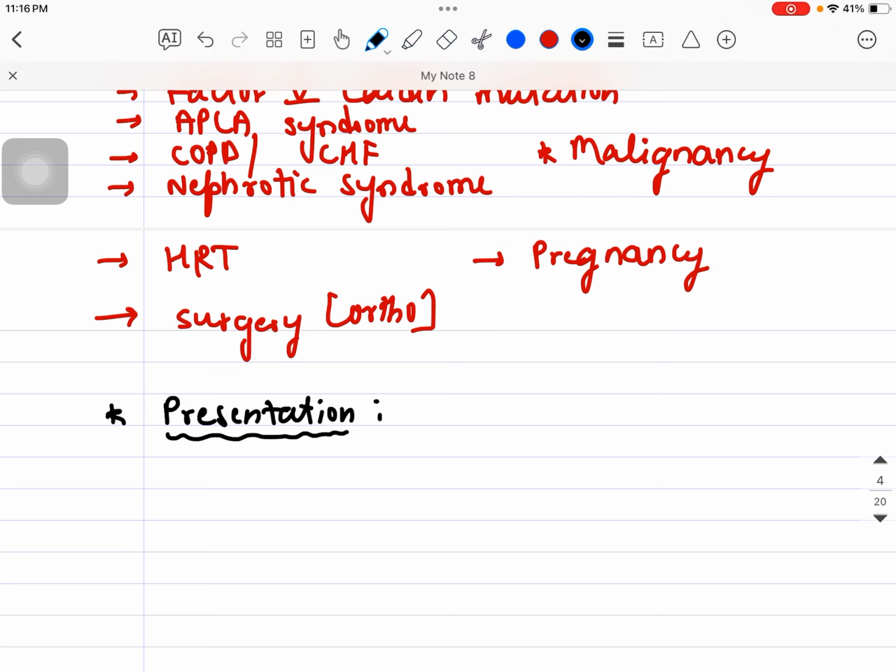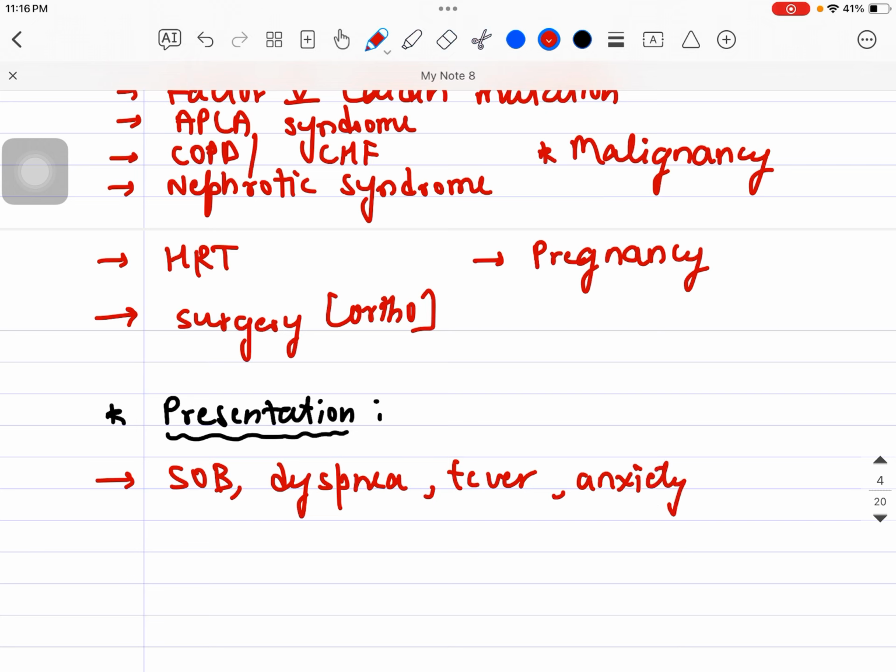Usually the patient talks about shortness of breath, dyspnea. They might talk about fever, anxiety or dizziness. Sometimes they talk about pleuritic chest pain, which is also very commonly seen.